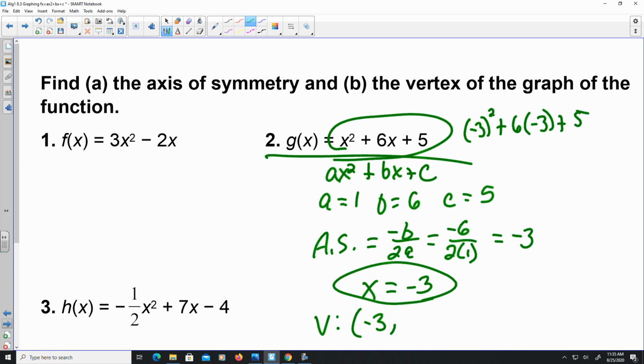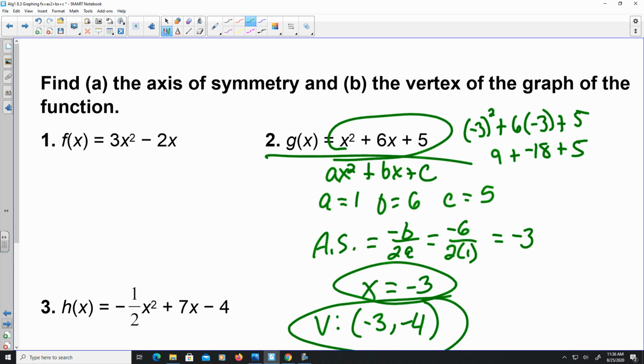So negative 3 squared is 9, plus 6 times negative 3 is negative 18, plus 5. So, I'm sorry, positive 9 plus negative 18, and then plus 5, which gets you a negative 4. So negative 3 comma negative 4 is my vertex.